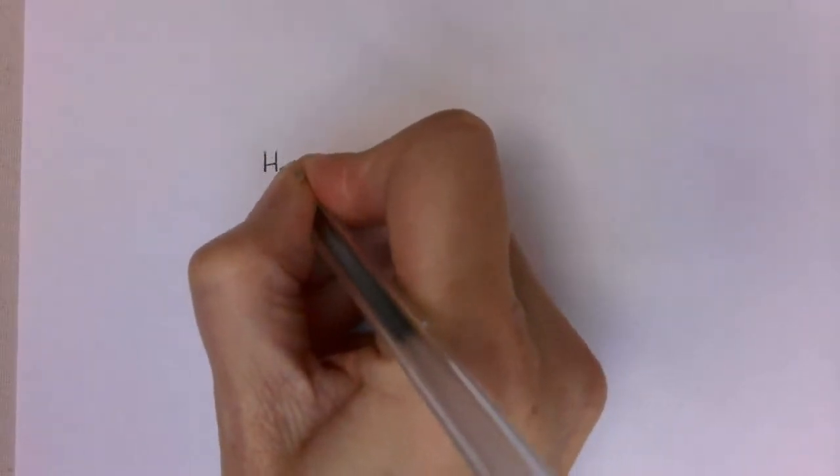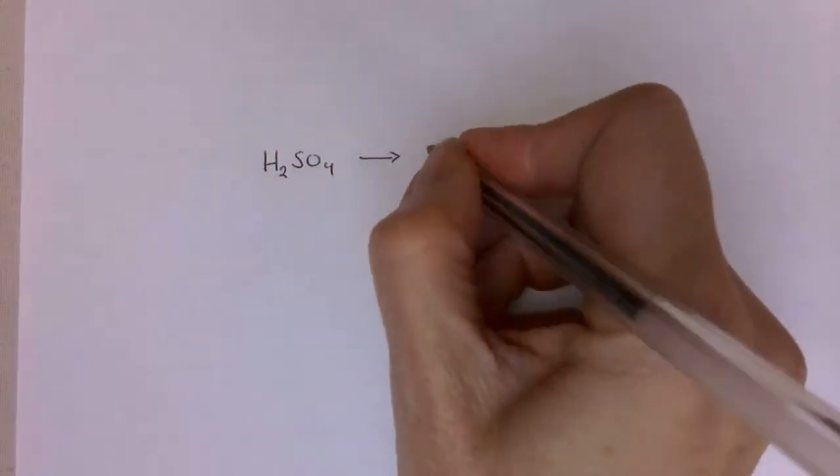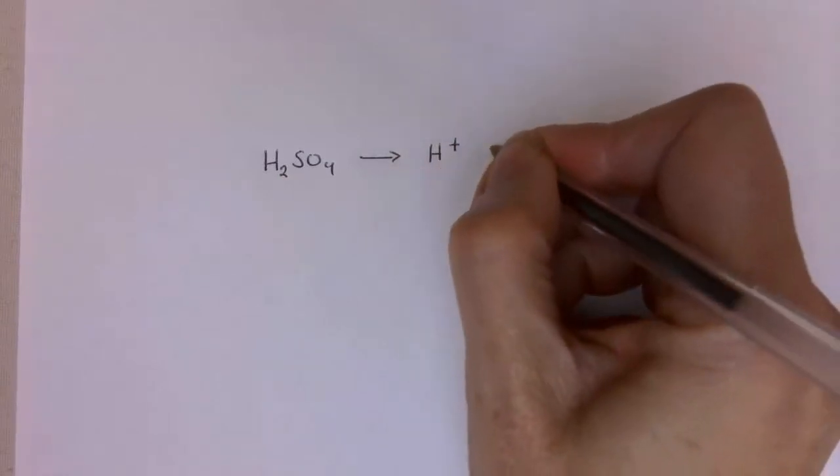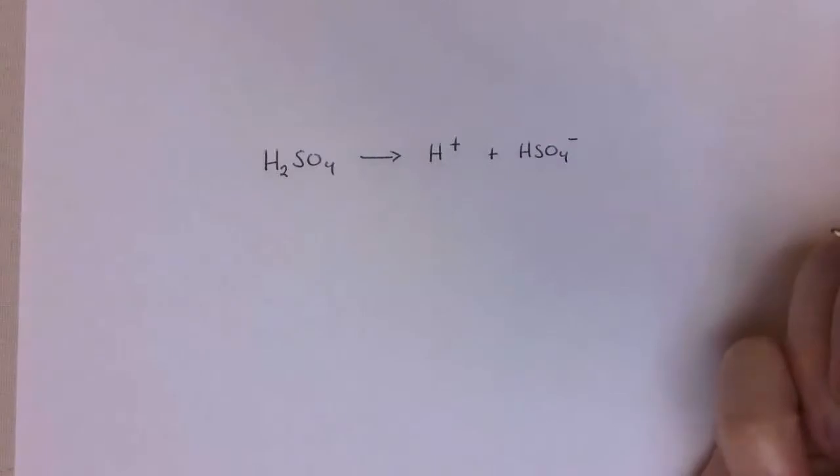So let's look at the equations for the dissociation or the ionization of sulfuric acid. So the first ionization of this reaction, we have H2SO4 ionizing or dissociating to produce my hydrogen ions and my HSO4 minus.